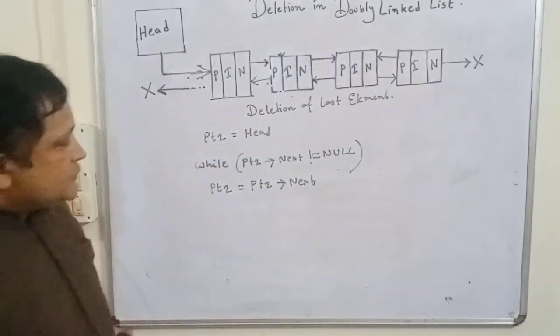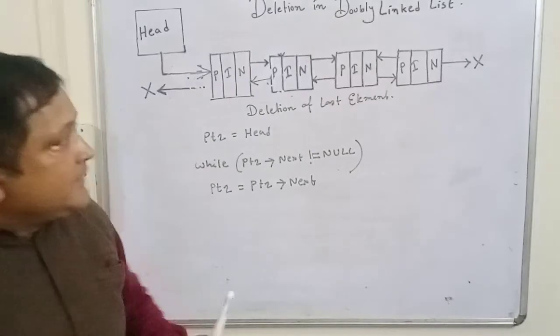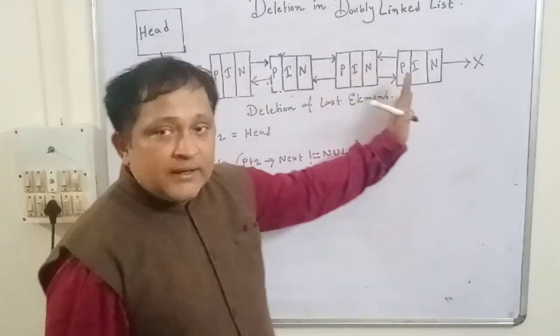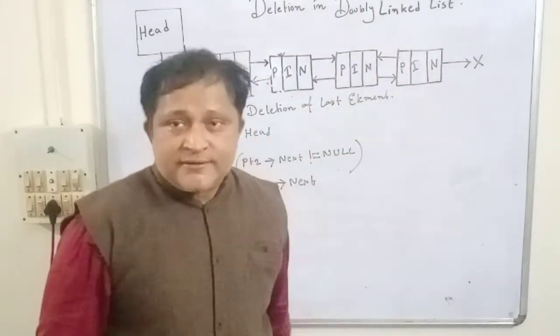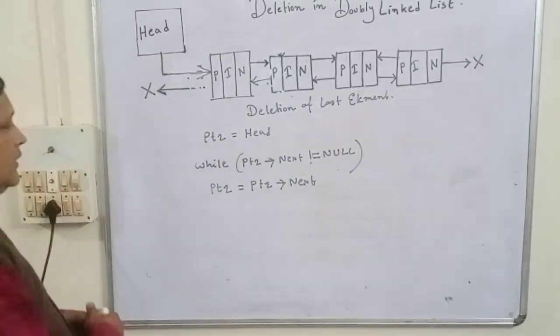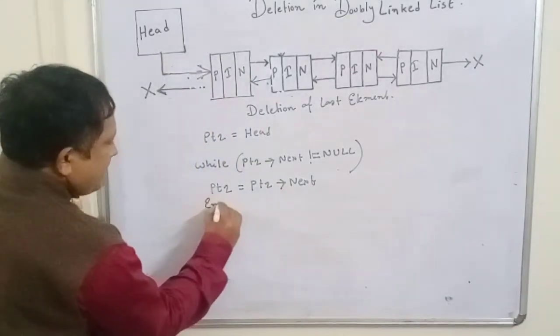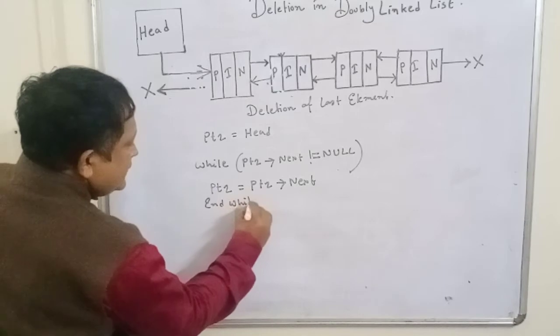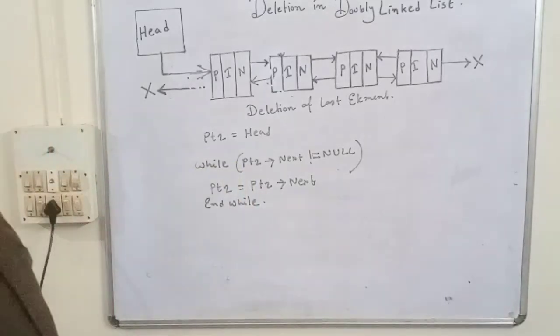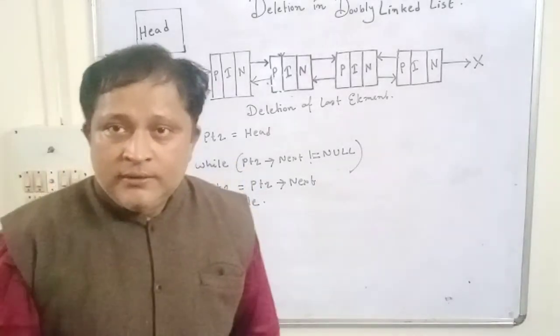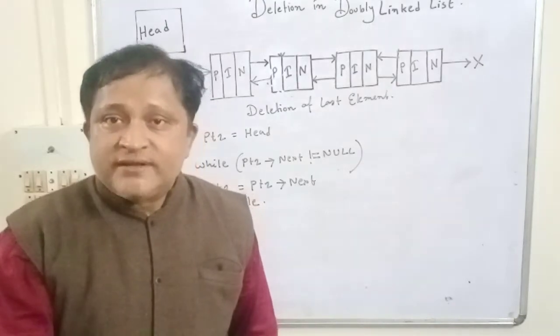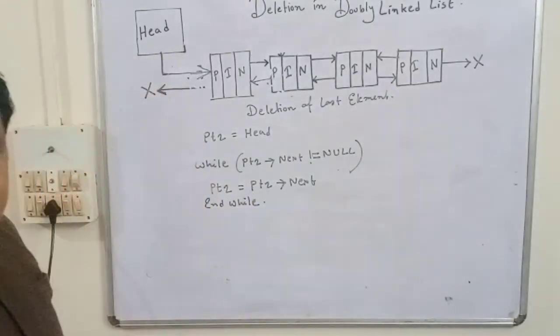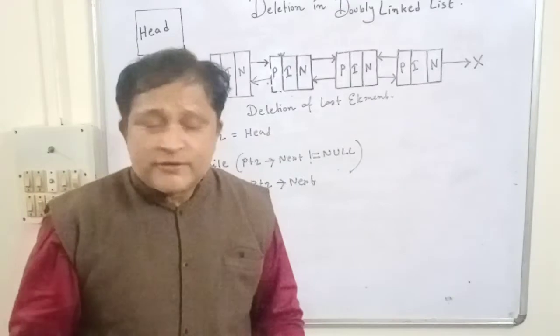So loop will continue to execute till the PTR will contain null address. Okay. So actually PTR gradually proceeds forward towards the last node, and whenever it reaches the last node, the process is stopped.